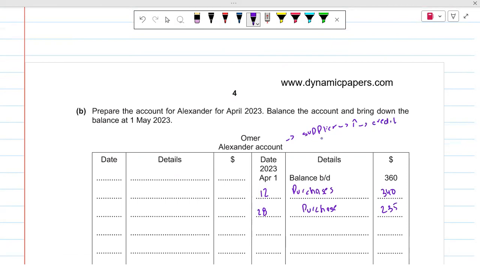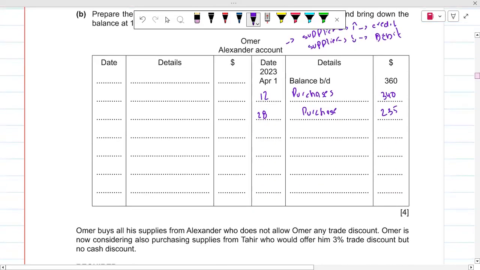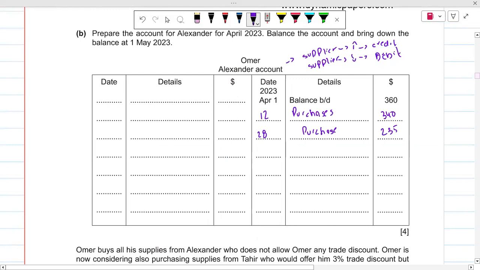And if the supplier, or we can say the creditor, is decreasing, we make the debit entry. So whenever we are paying money to the supplier, we record that type of transaction on the debit side.